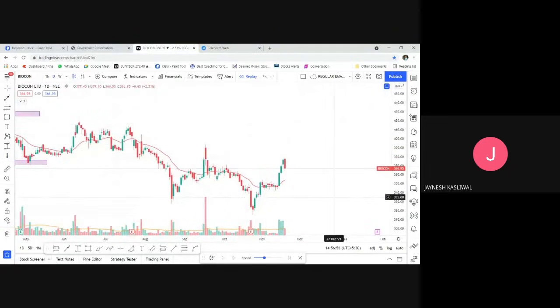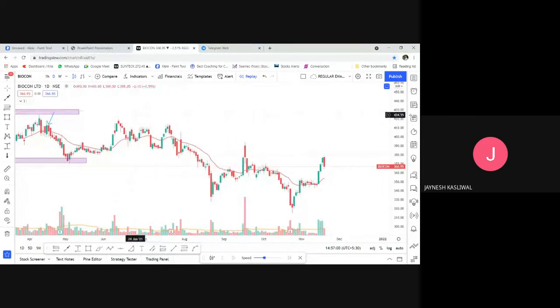Now can you see that the stock is in a downtrend? How do we understand that downtrend? You can clearly see that the stock is coming down and making lower high lower low. Did you understand that the stock is making lower high lower low?